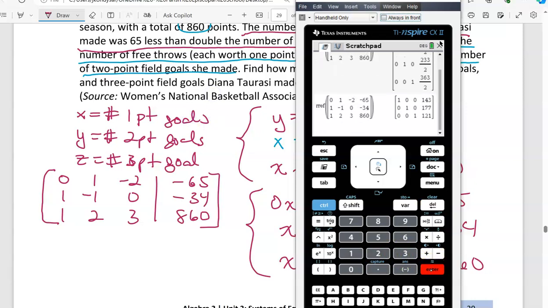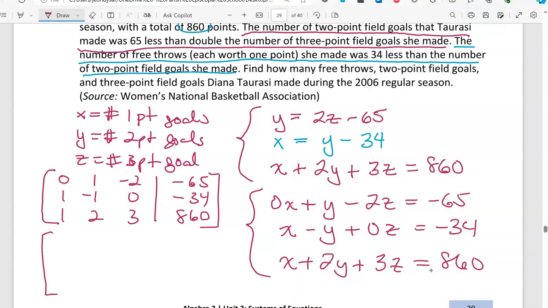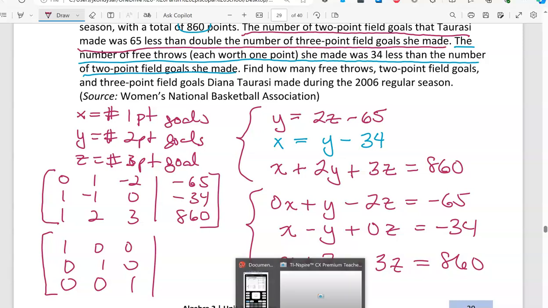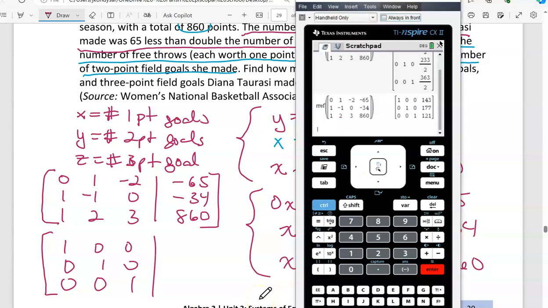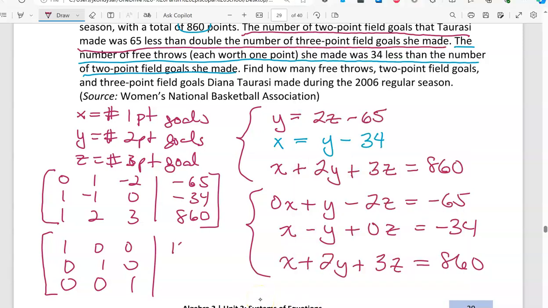Let's enter that again, and now we have 143, 177, and 121, whole numbers that we were expecting. And they were 143, 177, and 121.